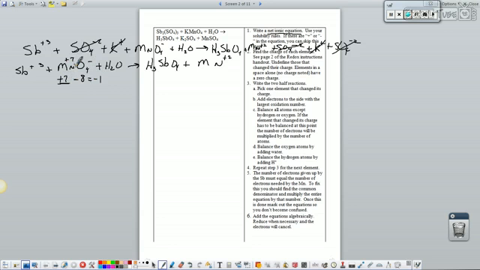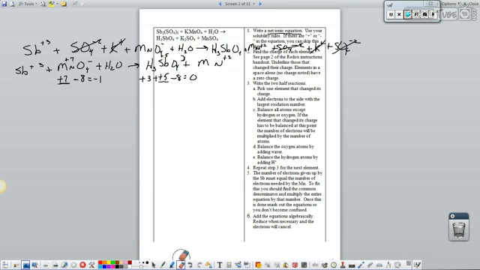Down here, the H is a plus 1, and there are 3 of them, so that's plus 3, plus I don't know what the Sb is, plus 4 times minus 2, or minus 8, and since there is no charge written up here, the charge is 0. So what do I add to minus 5 to get 0? Well, plus 5, so that must be a plus 5.